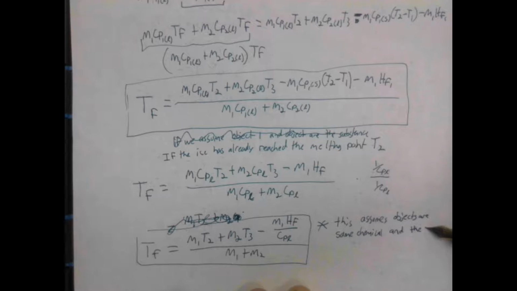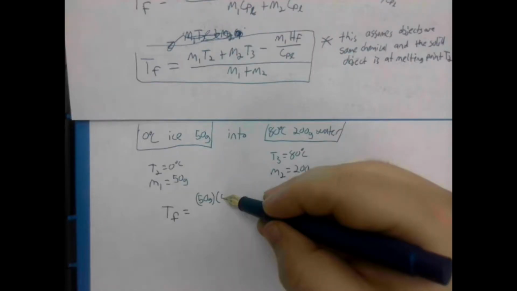Then our equation, final temperature, would be mass 1 is 50 grams, our T2 temperature is 0, so that cancels out.